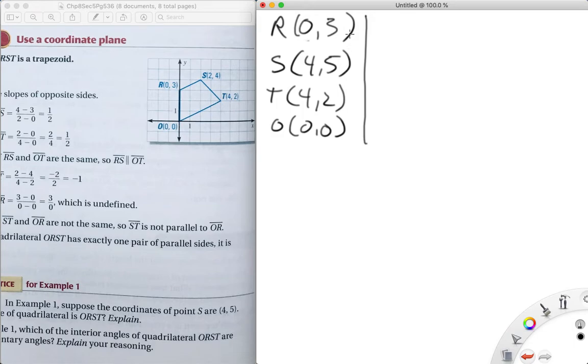So let's do R to S. Slope of RS is rise over run, which is y2 minus y1 over x2 minus x1. So 5 minus 3, which is 2, over 4, and that equals 1/2. So the slope of RS is 1/2.